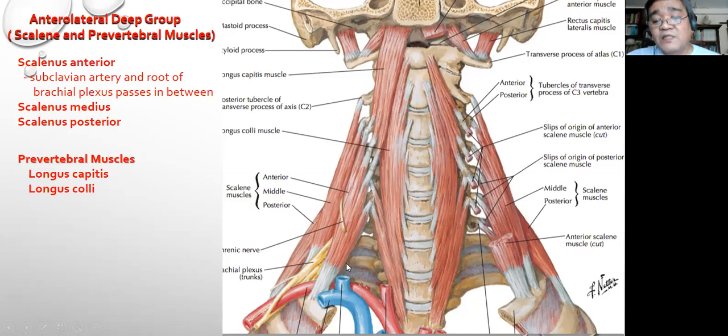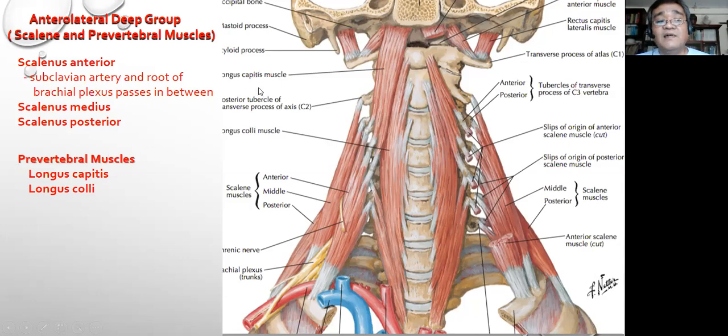Okay. Now, in between the scalenus anterior and the scalenus medius muscle, you can see the brachial plexus emerging, as well as the subclavian artery emerging to become the axillary artery going into the upper extremity. Aside from that, you can also see the phrenic nerve emerging in between these two muscle bundles.